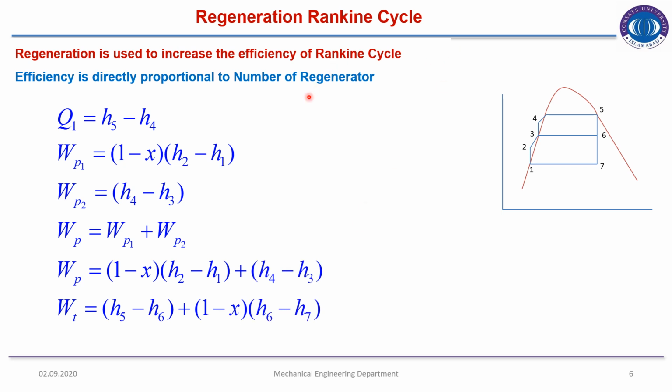So in the previous slide, we have just considered a single regenerator or single feed water heater, but in the actual process, there may be a number of regenerators that are connected continuously, and for every regenerator, we will have another extra feed pump or heating pump. So 1 to 2, this is an ideal case. So from 1 to 2, it was a pump.